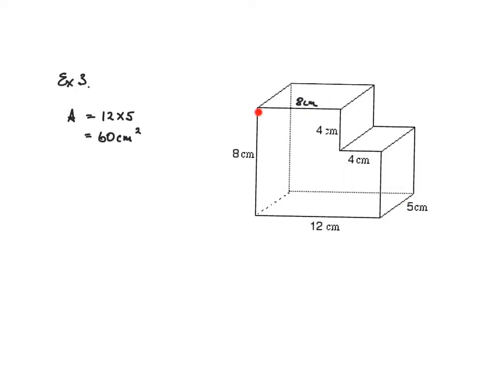Now we know that the total height of the shape is 8, and that this is 4 centimetres. So this plus this must give us 8. It means that this then is 4 centimetres high. So I'm going to work out the area of the right hand face. That's this one here. So it's 5 times 4.